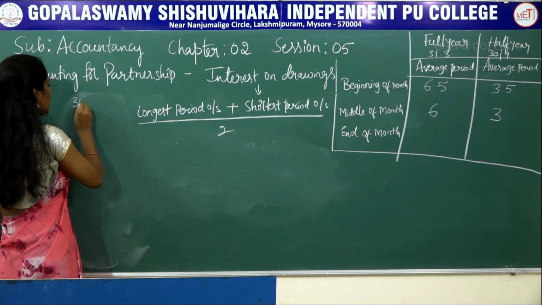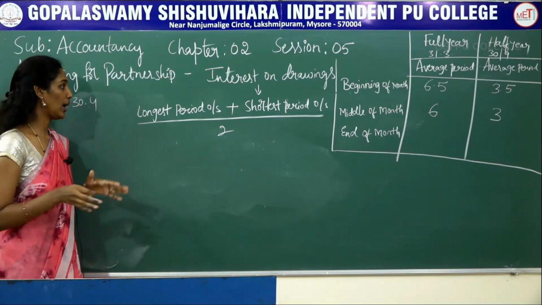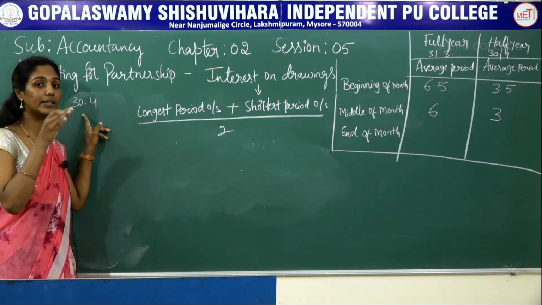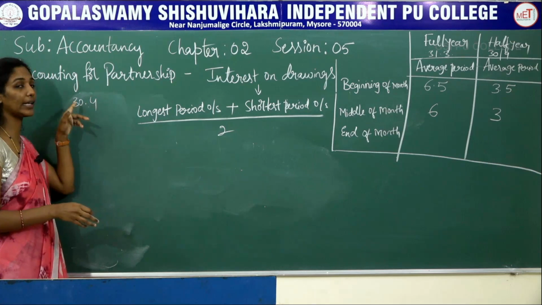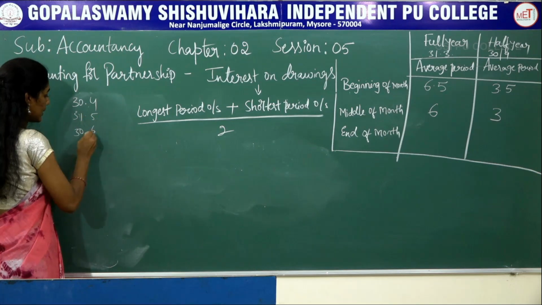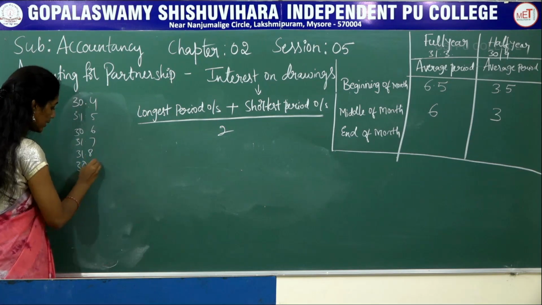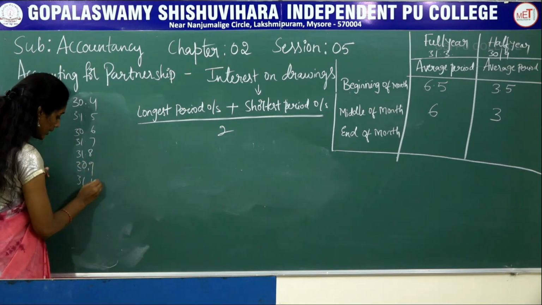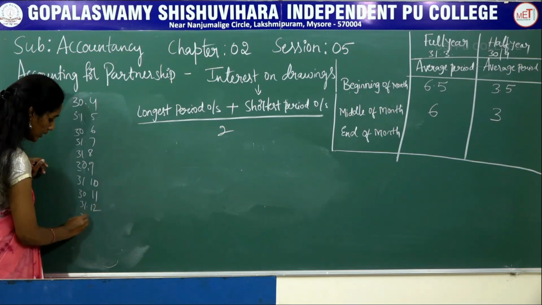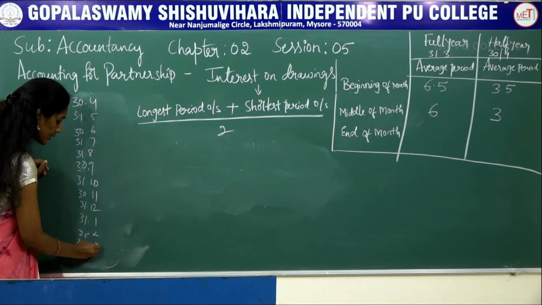Here the accounting period begins from 1st April, but he has withdrawn on the last day of the month. So you should take 30th April, 31st May, 30th June, 31st July, 31st August, 30th September, 31st October, 30th November, 31st December, 31st January next year, and 28th to 31st March.